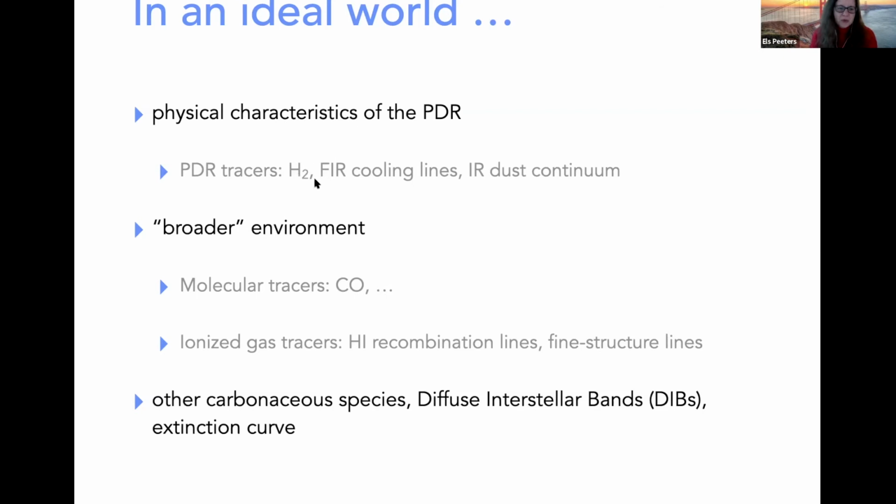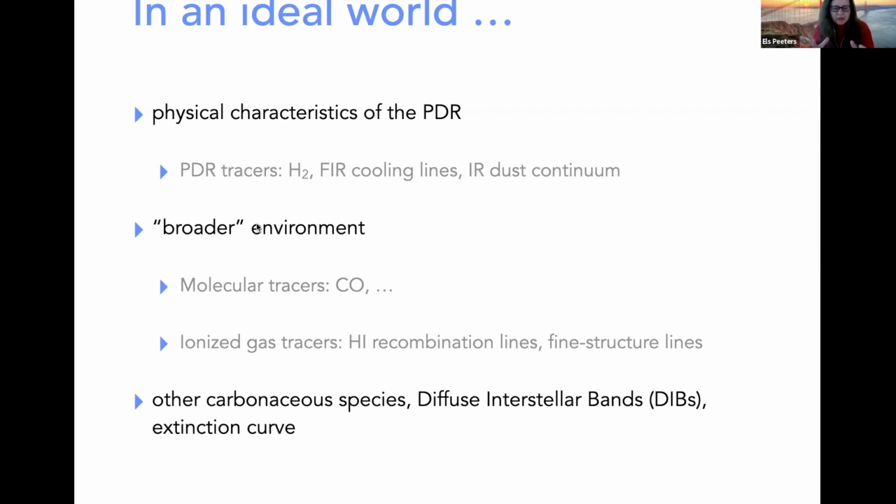Molecular hydrogen is a good tracer for that, which is accessible in the infrared. But we also have very important tracers in the far-infrared cooling lines and the far-infrared dust continuum. Those are provided, for example, by SOFIA. We also need to put it in a broader environment.